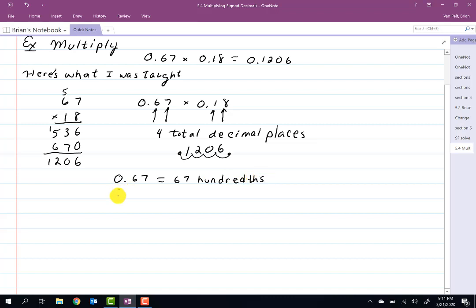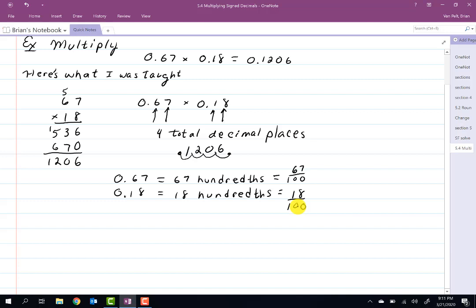Similarly, 0.18 is 18 hundredths. Well, if you can say these things, you can write the fraction version of them. 67 hundredths is the same as 67 over 100, and the 18 hundredths is the same as 18 over 100.